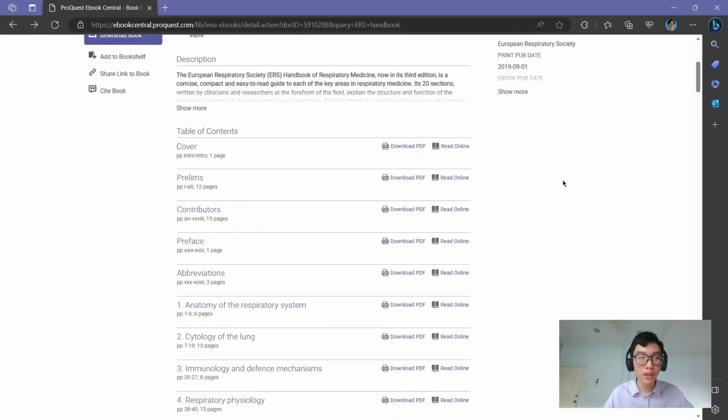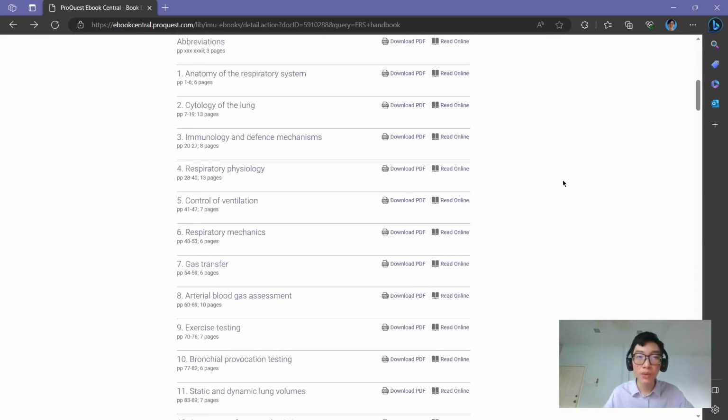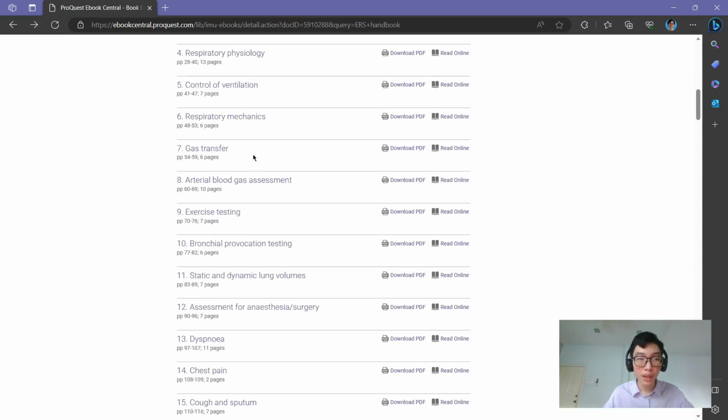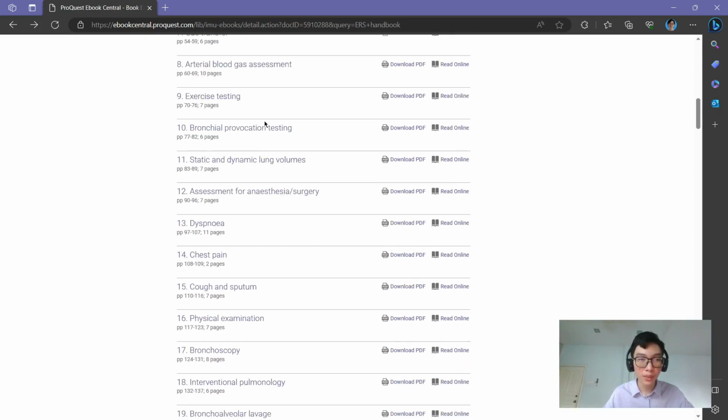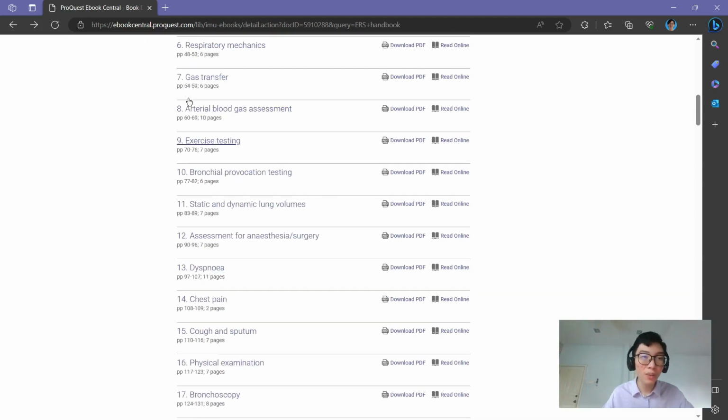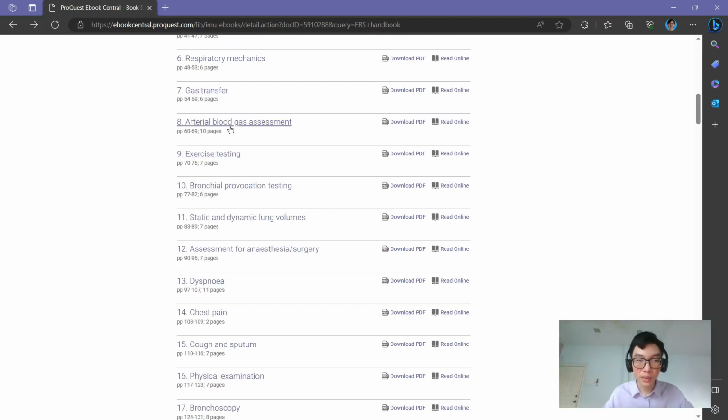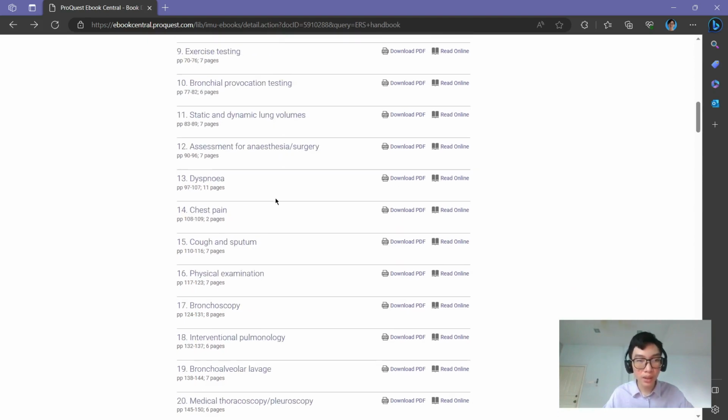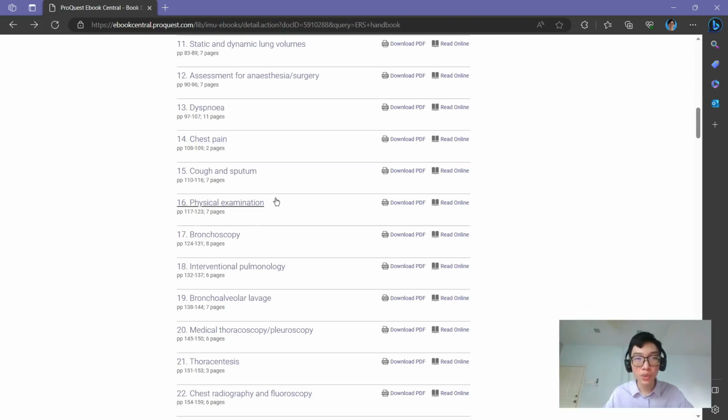So you see here from the contents, first they start off with anatomy, right? Chapter 1 is anatomy and the cytology, immunology and defense. So mostly anatomy stuff, and then the gas transfer, the theories, and then starting from chapter 8, arterial blood gas assessment. So this is more about diagnostic tools that can be used for respiratory illnesses. And after that, it's mostly about issues with respiratory.